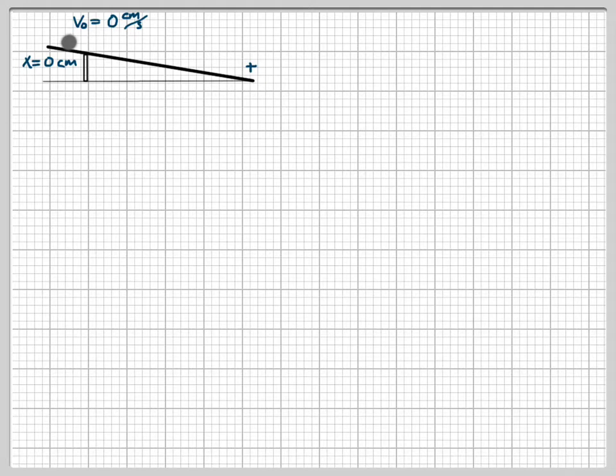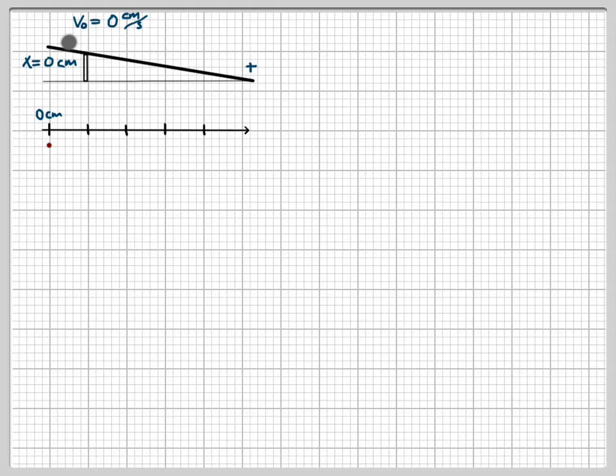First thing I want to do is the motion map. So I have a motion map here, and the initial position of the object is at 0. So I've added that position, that dot to indicate position. It starts from rest, and so initially its speed is quite slow, and the distance in the first time interval will be small compared to the distance covered in successive time intervals.